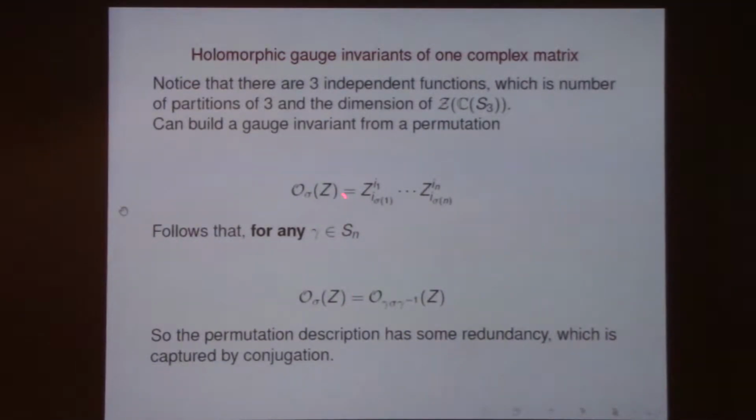As a result, if you think about how that gamma modifies the sigma, it modifies it by conjugation. So O sigma of Z, this gauge invariant polynomial, is the same as the polynomial I get by conjugating sigma. So the permutation description has some redundancy, which is captured precisely by conjugation with an arbitrary element of the symmetric group.